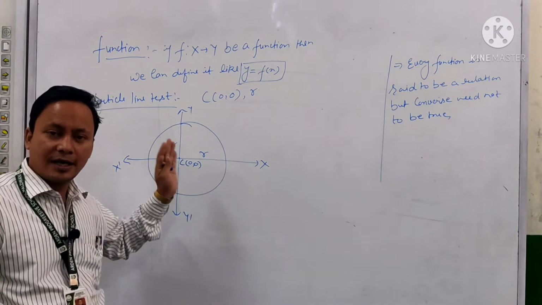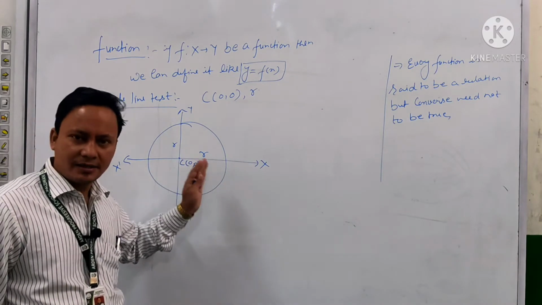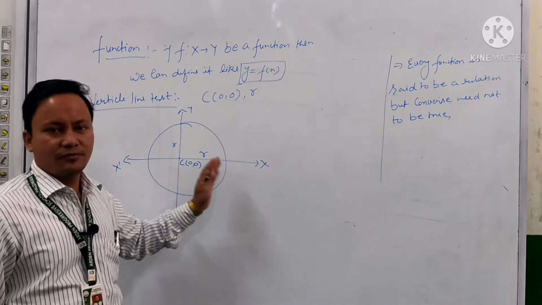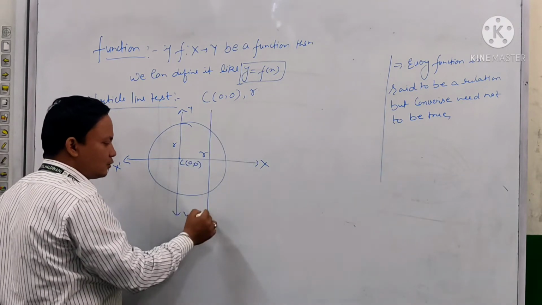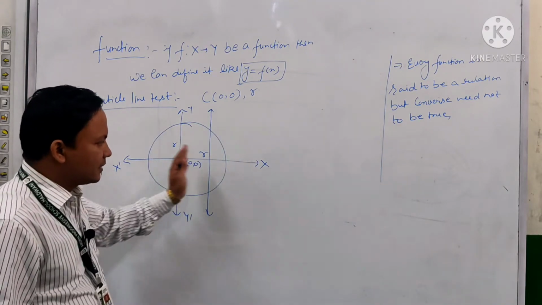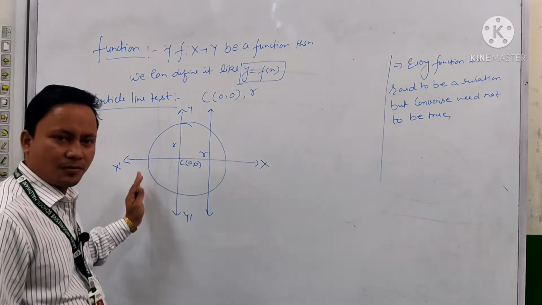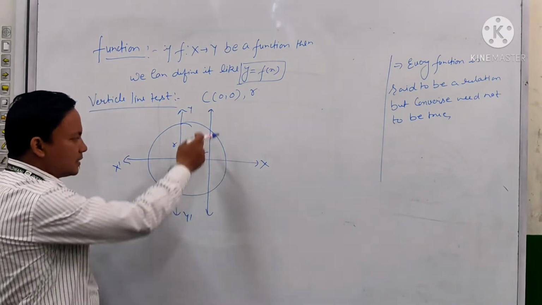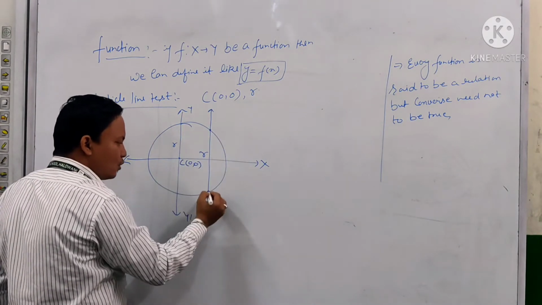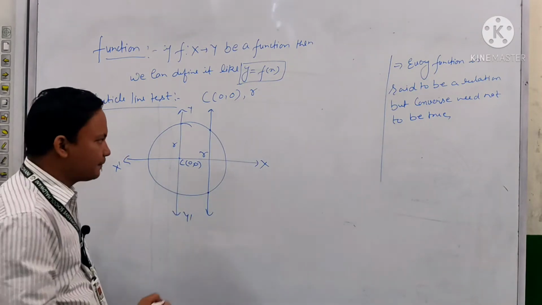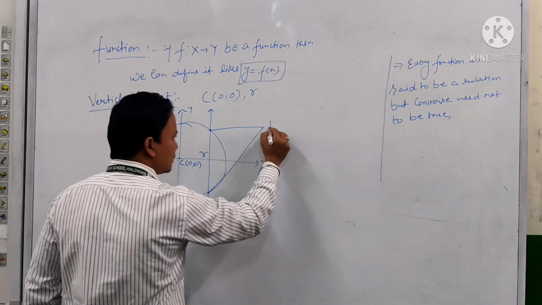We plot a line parallel to the y-axis and check whether the line cuts the curve at one point or at more than one point. Now draw a vertical line parallel to the y-axis. You can draw it either in the positive direction of the x-axis or in the negative direction. Now you can easily see this vertical line, which is parallel to the y-axis, is intersecting the curve at more than one point. So this vertical line is intersecting this curve at 2 points.